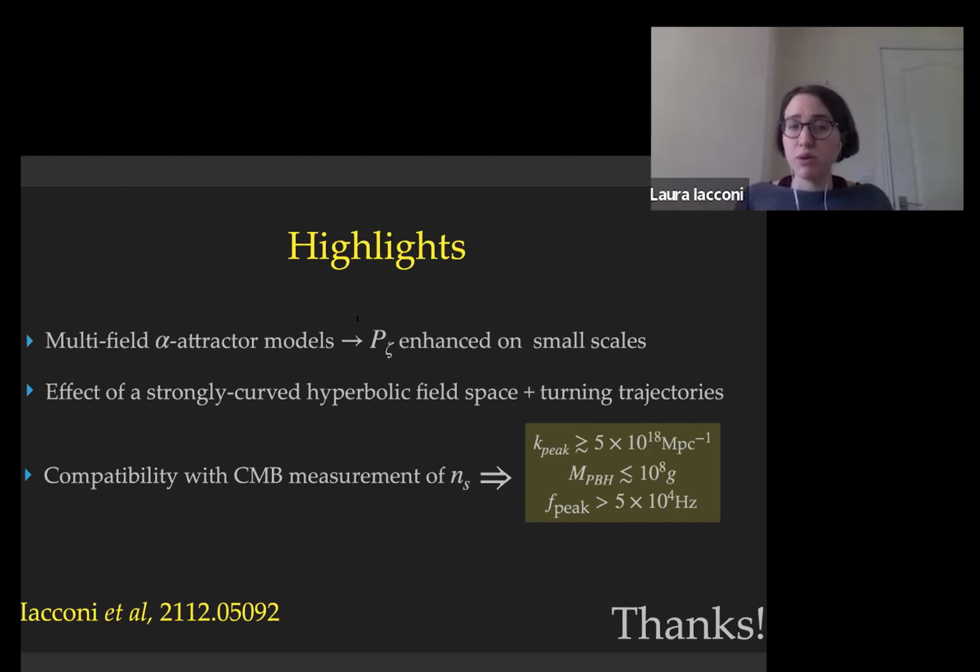We have compared our models with the cosmic microwave background measurements, in particular of the tilt of the scalar power spectrum. And we have found that for models that are compatible with the CMB, the peak is located at scales higher than 10^18 inverse megaparsecs. The primordial black holes possibly produced are lighter than 10^8 grams. And the second-order gravitational waves accompanying the primordial black holes peak at ultra-high frequencies.